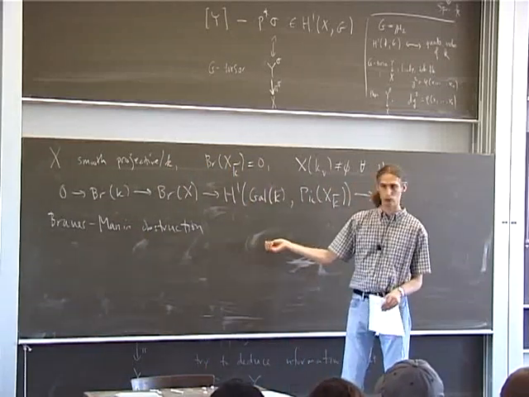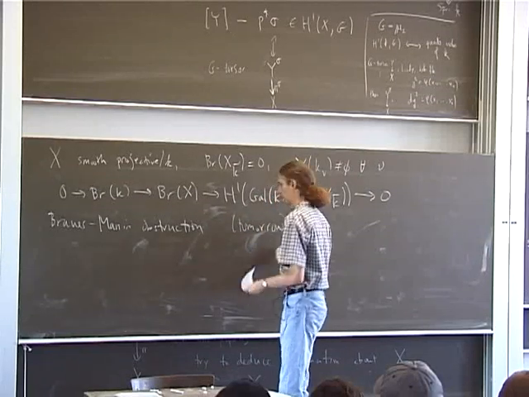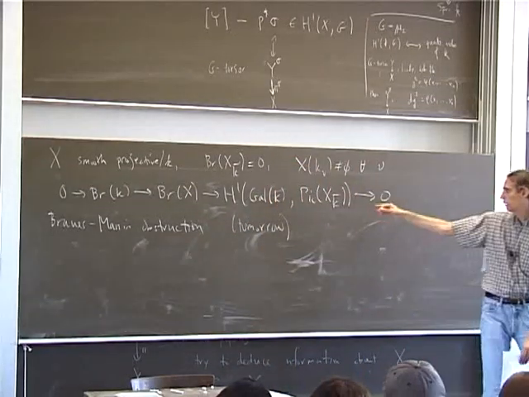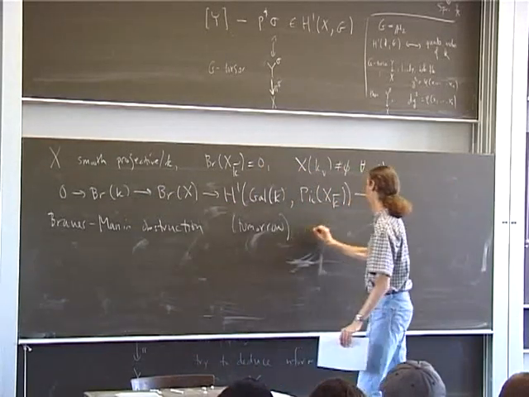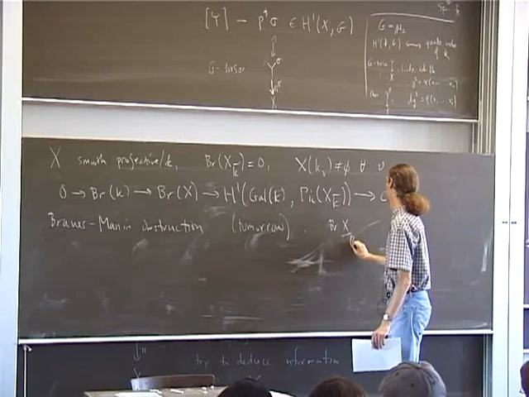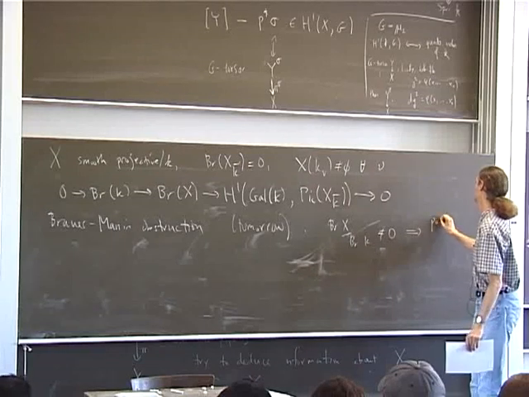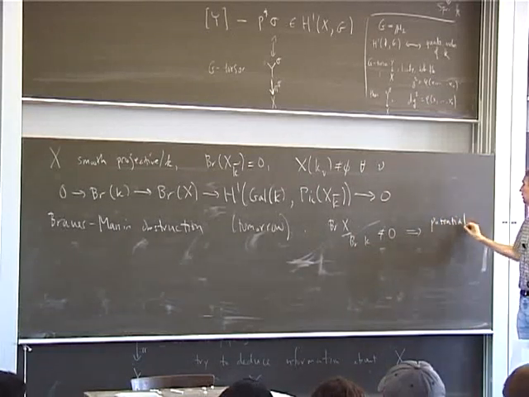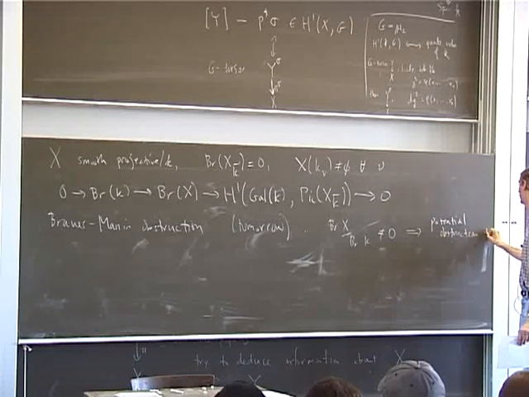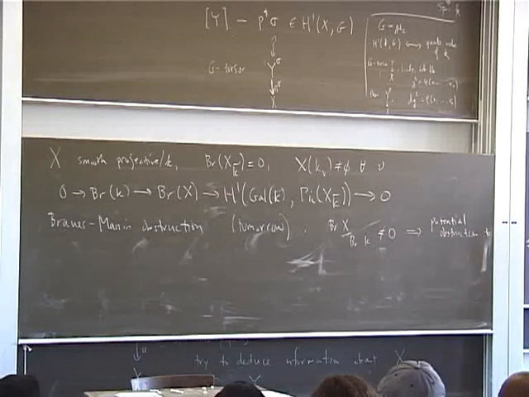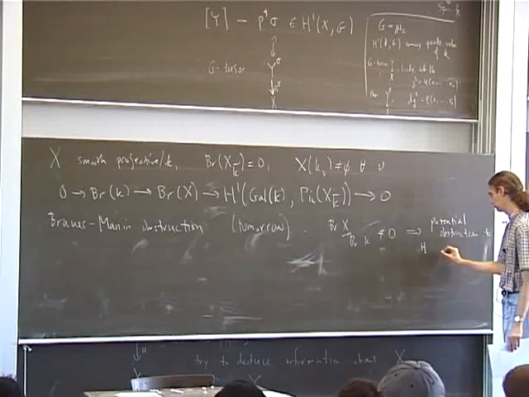Which I'll talk about tomorrow. But the basic idea is that when the Brauer group of X is more than just that of K, there's at least a potential for some obstruction to the Hasse principle or to something I'll discuss tomorrow called weak approximation.